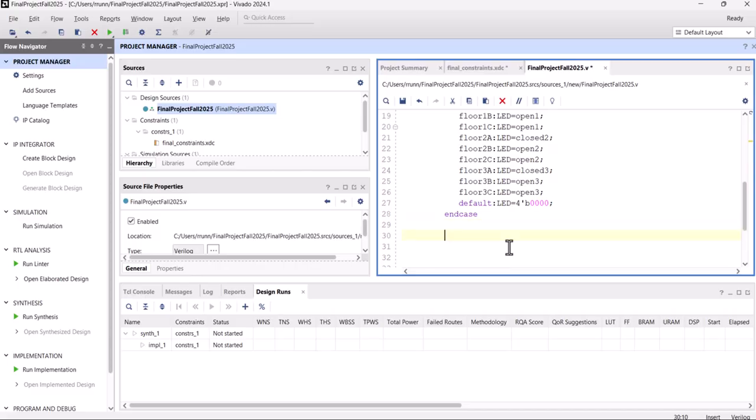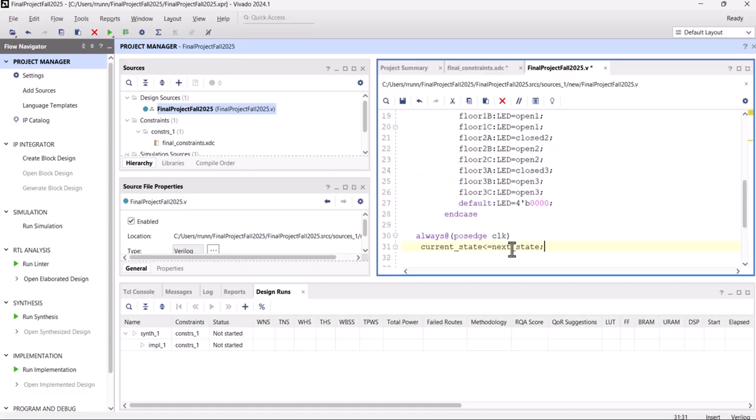Your last always block is going to be always at positive edge clock, and you have your current state is equal to your next state.